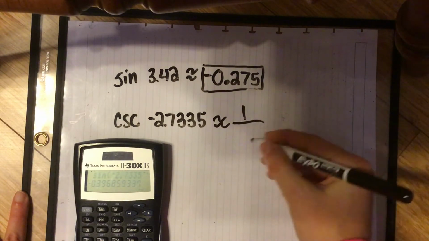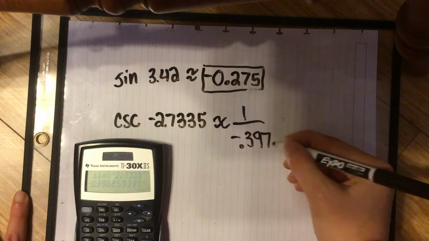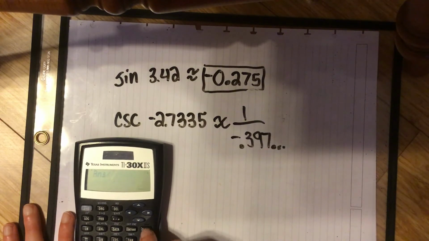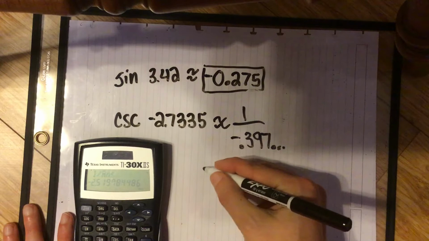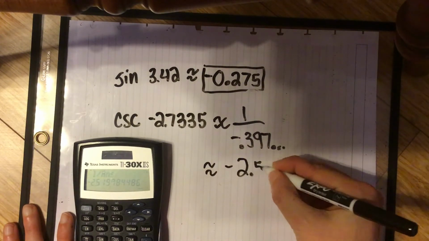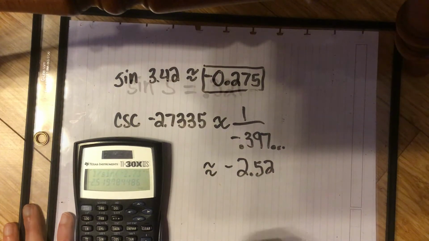So if you do 1 divided by your sine value, using your answer button and doing 1 over it, you'll come out with a cosecant value that's approximately -2.52. You could also type it in your calculator all at once because it's 1 over sine of your original angle and get it in one step like that.